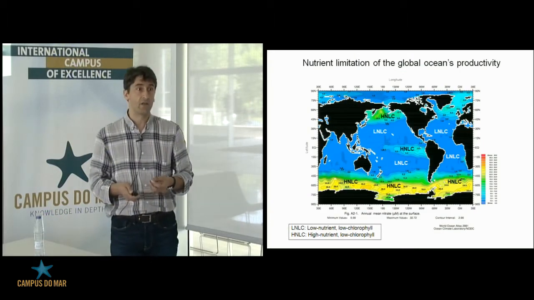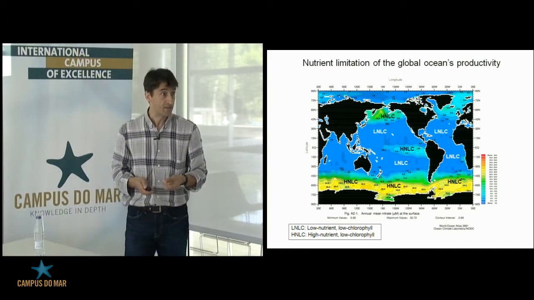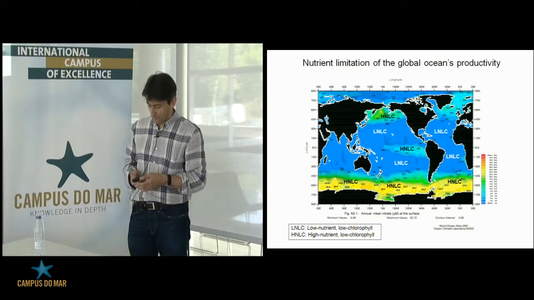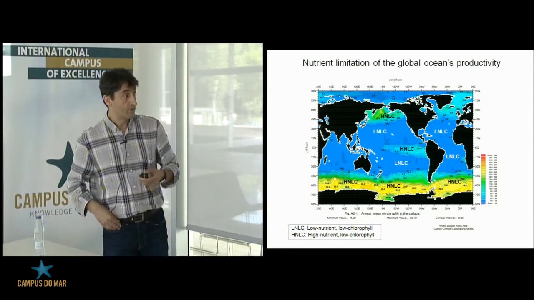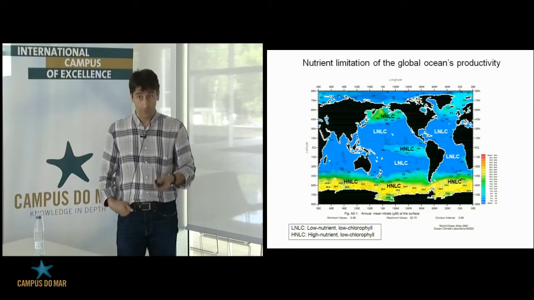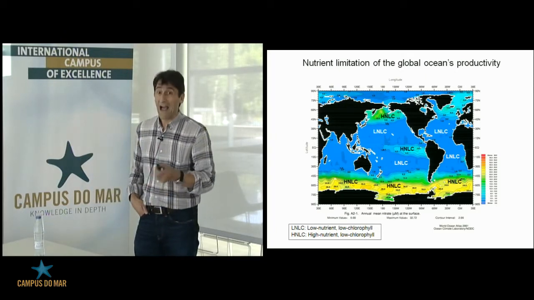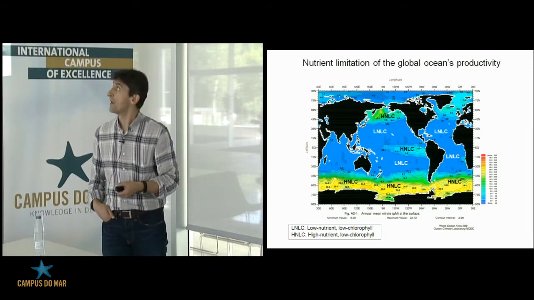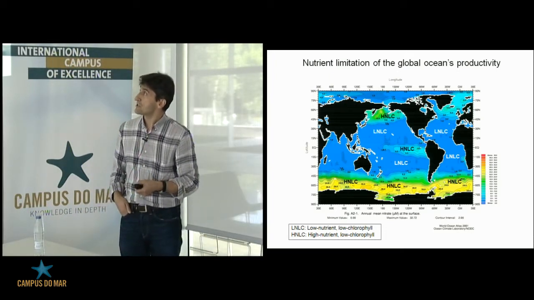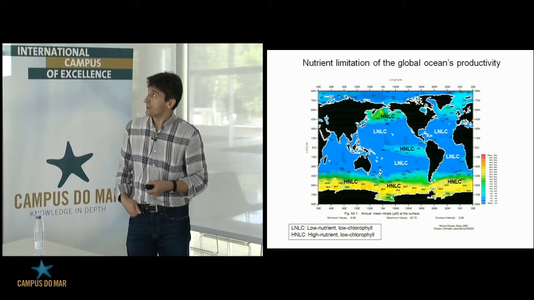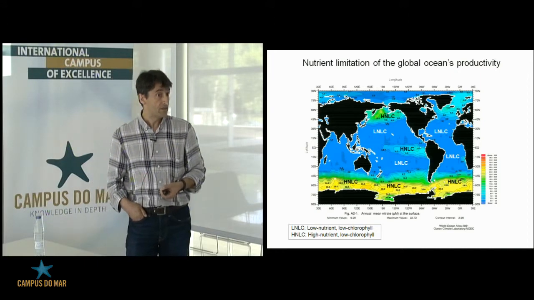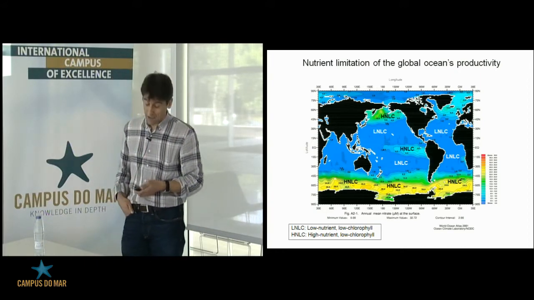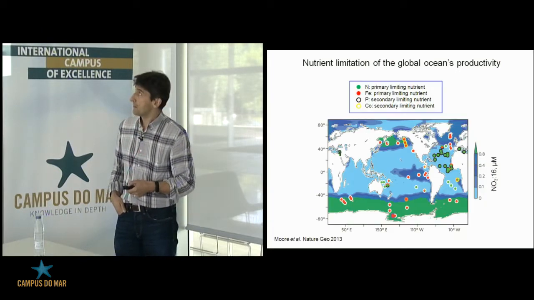Most of the ocean is limited by nutrients, but this limitation can actually occur in two different ways. You can have high nutrient, low chlorophyll waters in which nitrate and phosphate and also silicate is present in sufficient concentrations, but iron, the micronutrient iron, is not. Therefore, you have a limitation of the system because of the iron. Whereas in the subtropical gyres, typically you have a low nutrient, low chlorophyll system in which macronutrients, typically nitrate, are limiting the system.